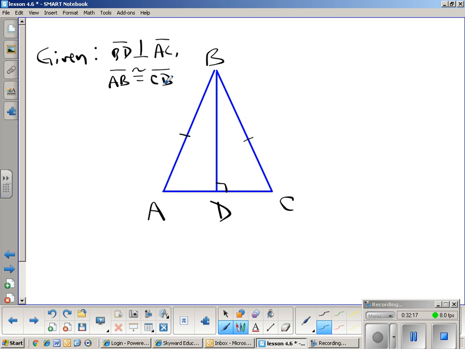Okay? And we want to prove triangle ABD congruent to triangle CBD.